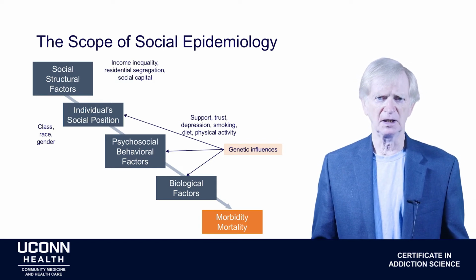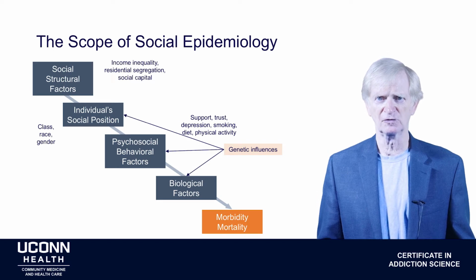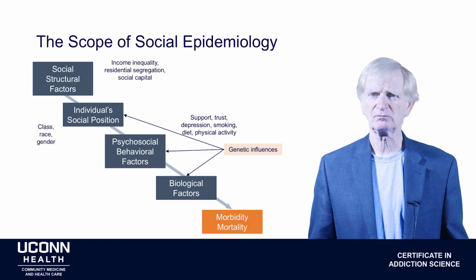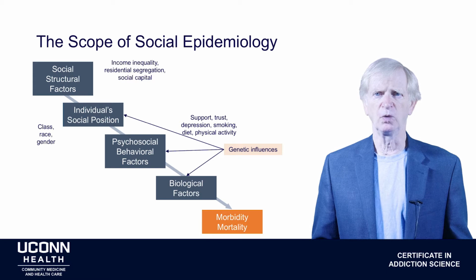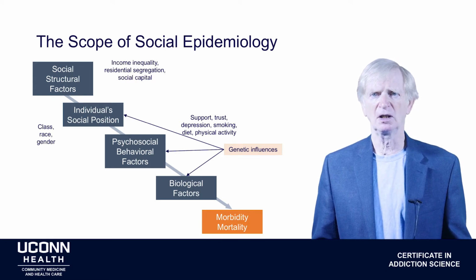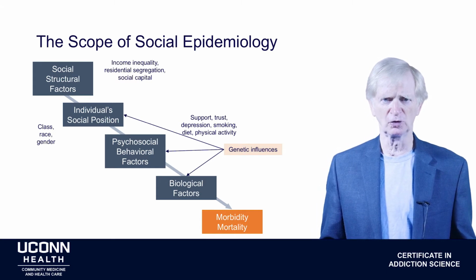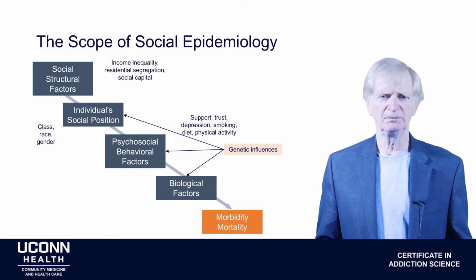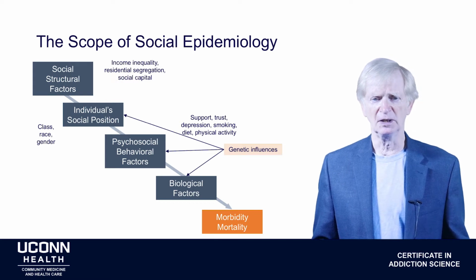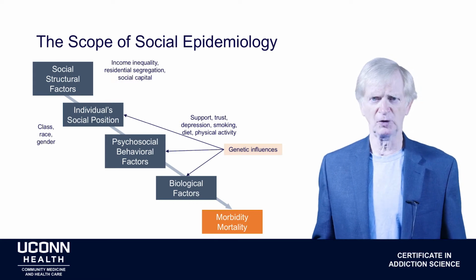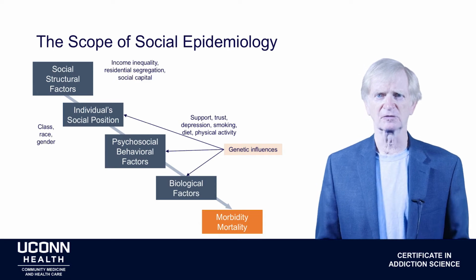And that is true of substance use disorders as well. We also want to measure these variables because psychosocial factors can be significant in protecting people from exposure to different substances.